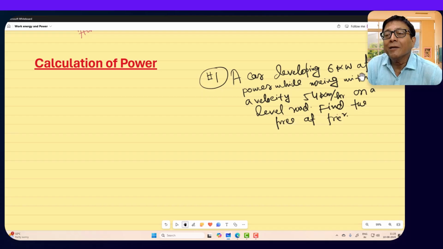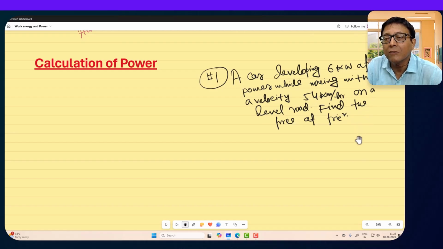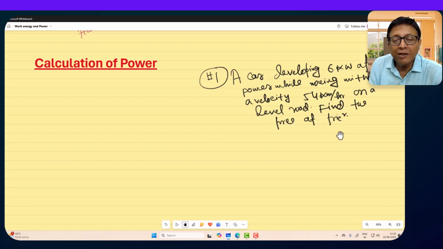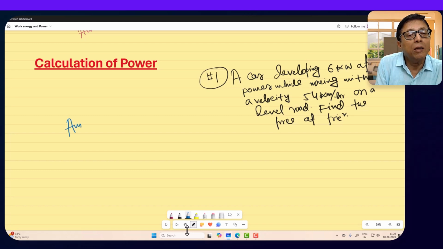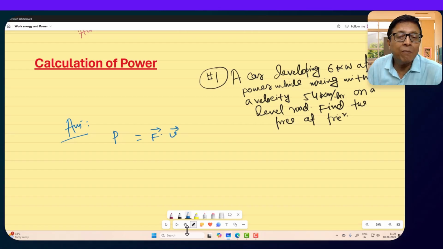So, a car developing 6 kilowatt of power while moving with a velocity 54 km per hour on a level road. Find the force of friction. We need to remember the power formula. P, we have seen that F dot V. Okay?